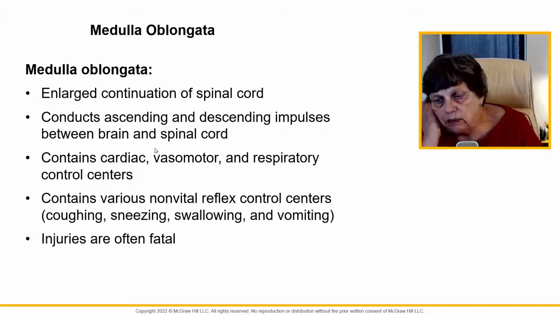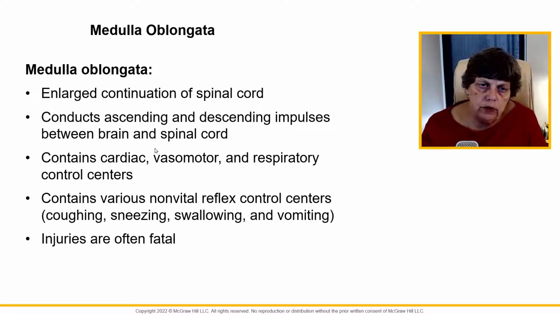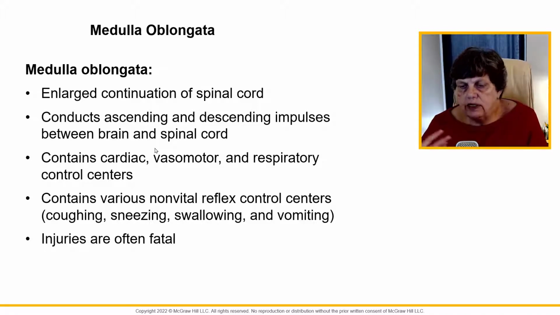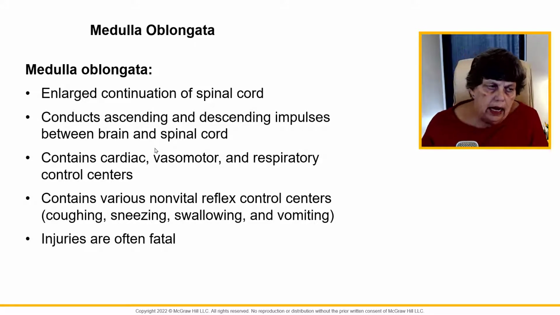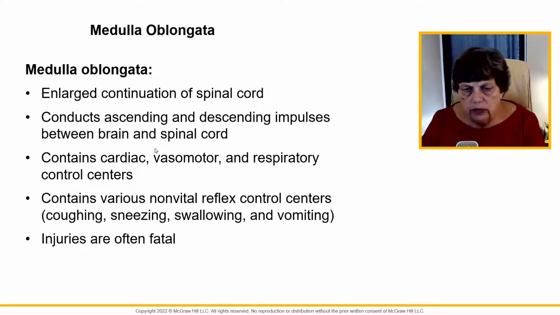So when you get to AP2, you'll really be looking at what the medulla oblongata does. It does contain various non-vital reflexes, controlling coughing, sneezing, and you can read it. And the problem with the medulla oblongata, because it contains these control centers for the cardiac area and the respiratory area, is that if this is injured, this is often fatal.